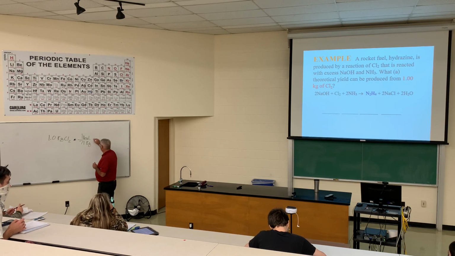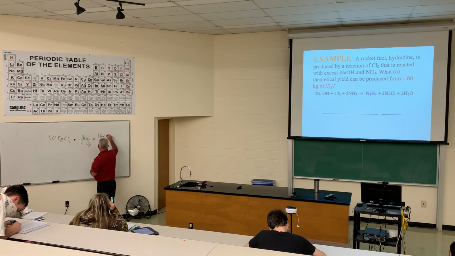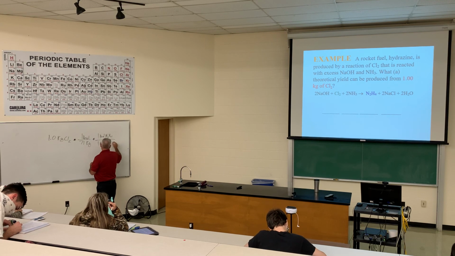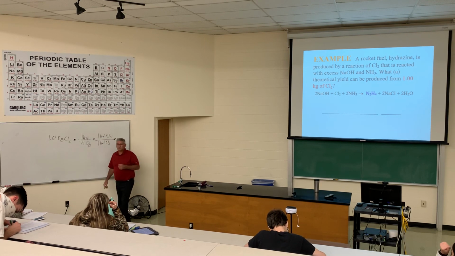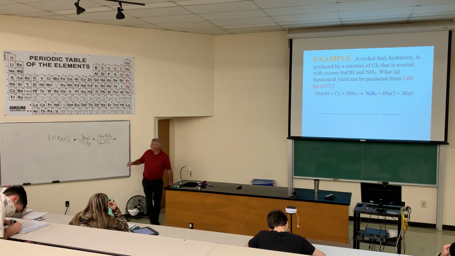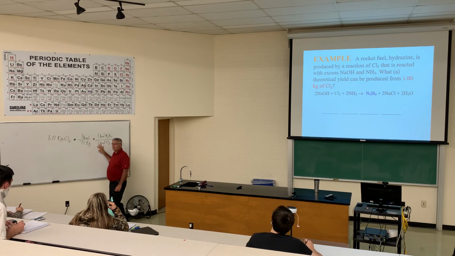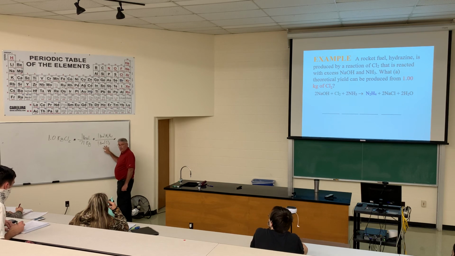What's the mole ratio? 1 kilomole N2H4 for 1 kilomole Cl2. And then what? I've got grams of A to moles of A to moles of B. Now what? Moles of B to grams of B.